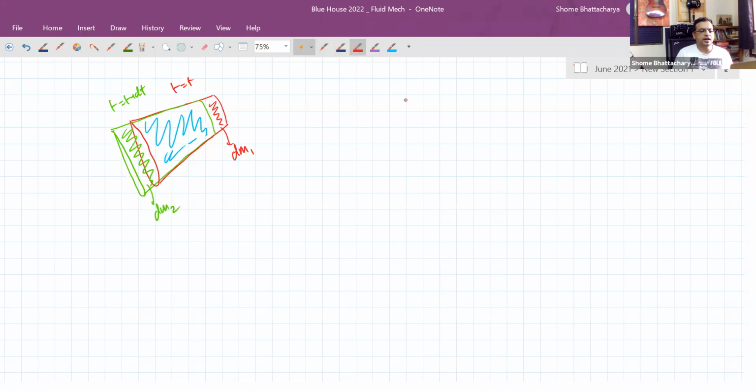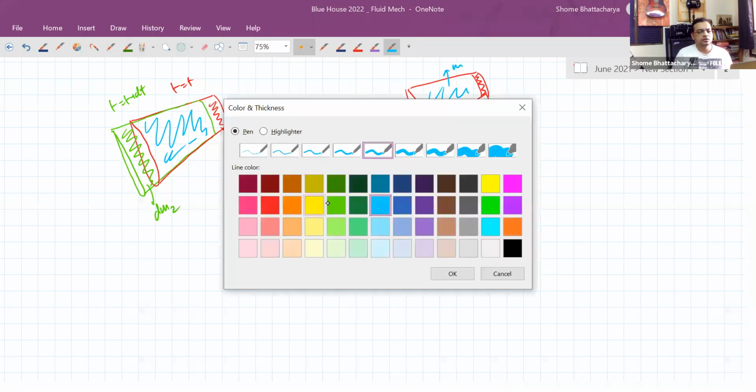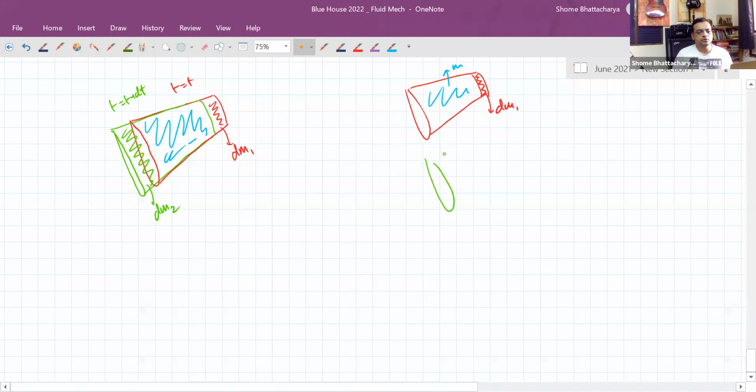So at time t, I'm breaking up the entire liquid into a small part dm1 plus this common part of mass, let's say, m, and at t plus dt this is transformed in shape to this, which is the same common part of mass m, but with an added mass dm2 here.